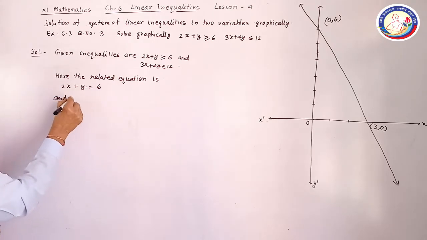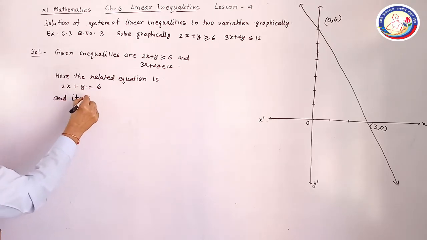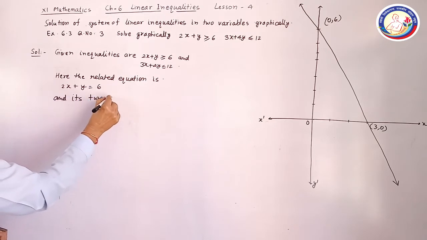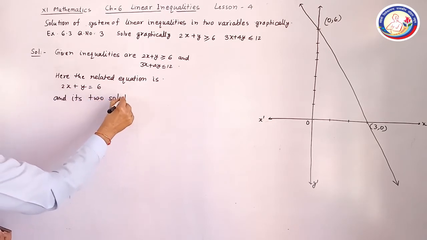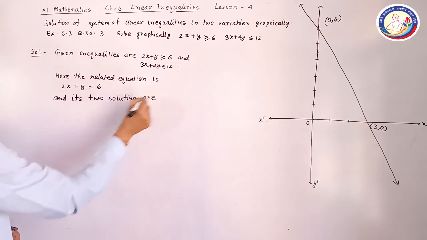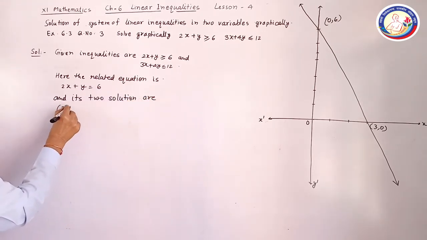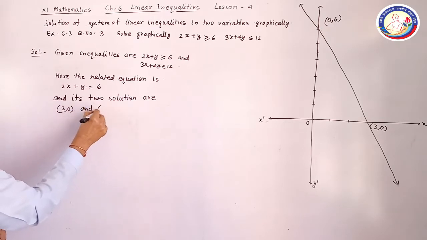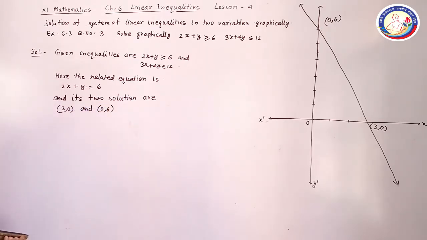Its two solutions are (3, 0) and (0, 6). You can find them in another way.